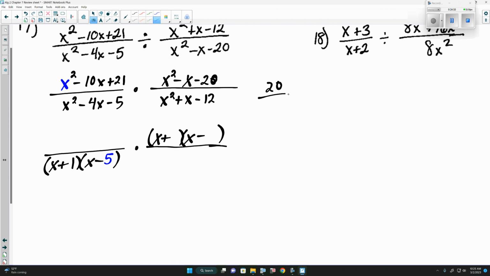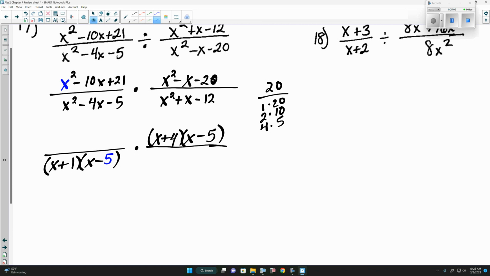Now 20 is 1 and 20, 2 and 10, 4 and 5. Which one do we want? 4 and 5. Because we need factors that add or subtract from each other to get negative 1. So we'll need negative 5 and positive 4. Hey, we do have something in common on top and bottom, yes? So that's good.